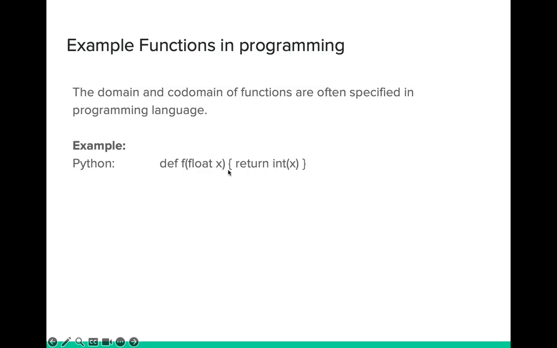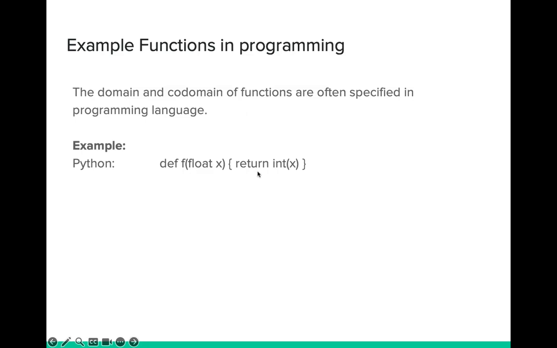So for example, if you write a function, you have this syntax. def f, function f, and it will accept a parameter x, which has a data type float. Essentially, x will be the input into the function f. And what does the function f do?